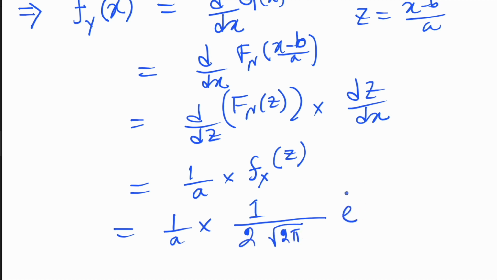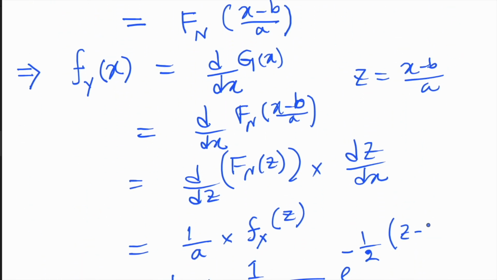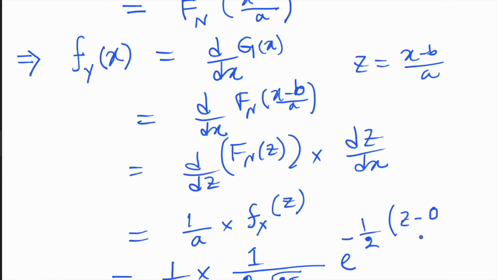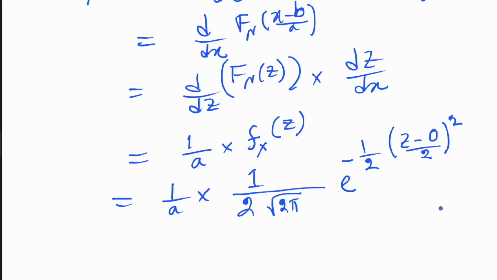e to the power minus half ((z minus mu) by sigma) squared, with mu 0. So this is z minus 0 by 2, its square.